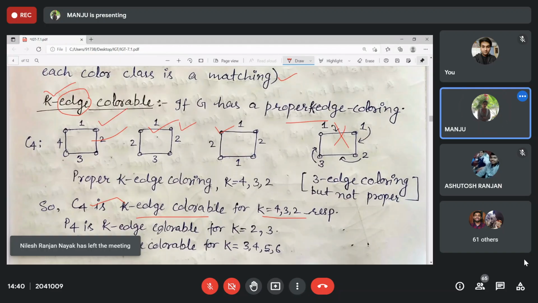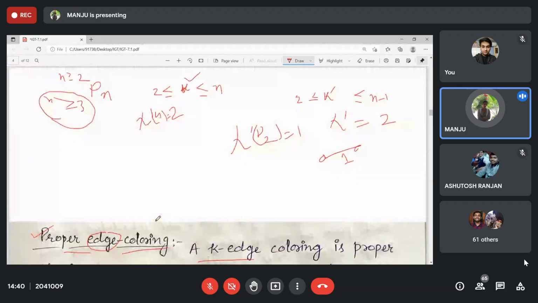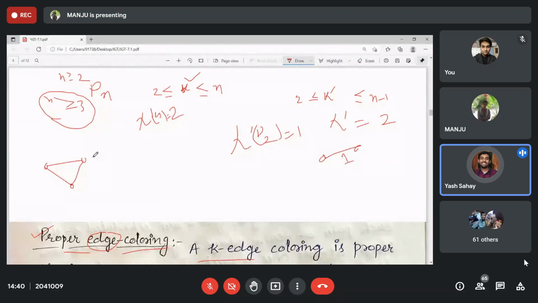So C4 is K edge colorable for 4, 3, 2 respectively in these graphs. P4 is K edge colorable from 2 to 3. What about K4? For Kn we didn't discuss. For Kn: K2, 1. K3, how many colors are needed? 3, right? Every two edges are adjacent.